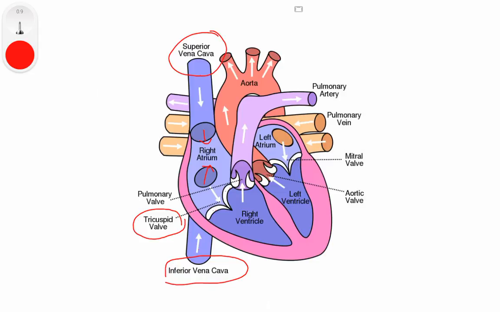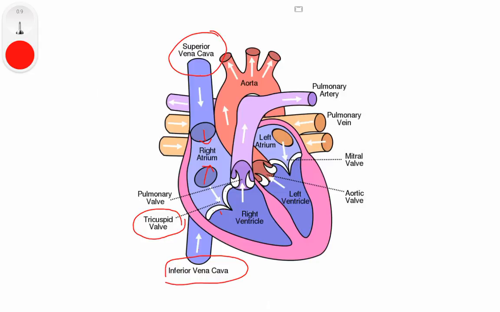The tricuspid valve guards the entrance between the right atrium and the right ventricle. It regulates the blood that comes from the right atrium to the right ventricle, and it also prevents blood from going back from the right ventricle to the right atrium. So this is the tricuspid valve.